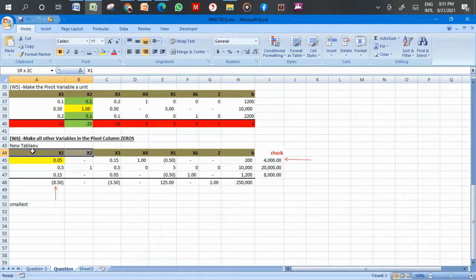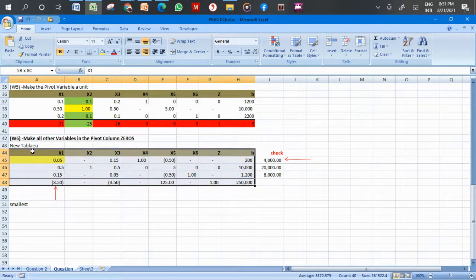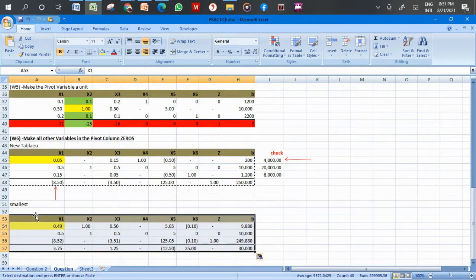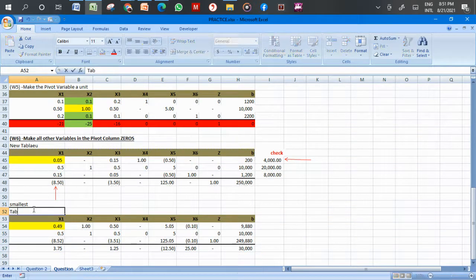I'm not going to repeat the process step by step here. I am just going to put things here. I'm just going to formulate again a new table U, but the procedure is the same.